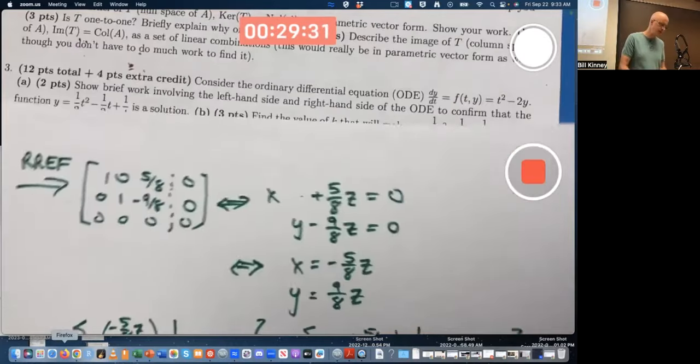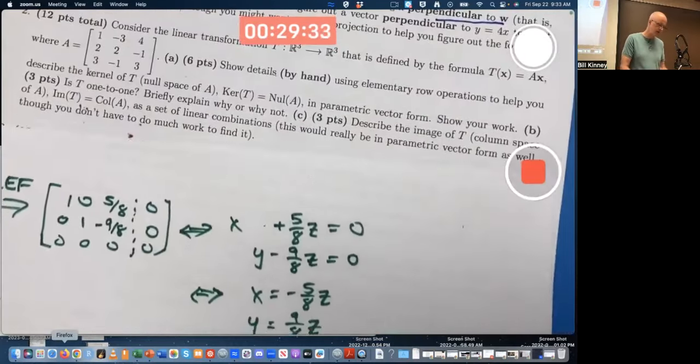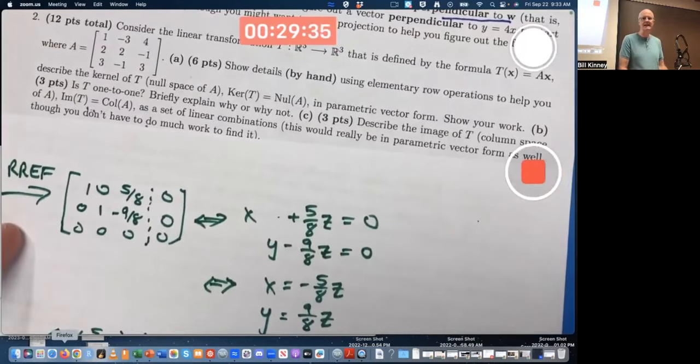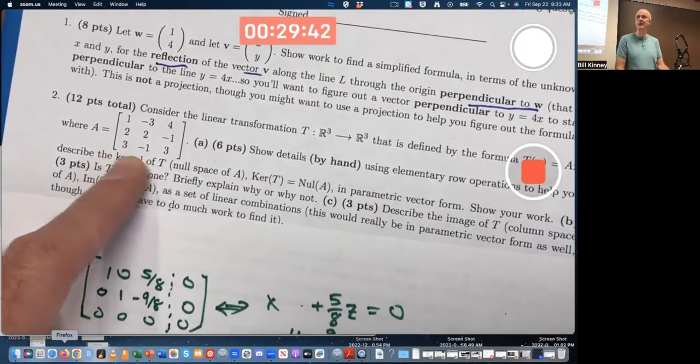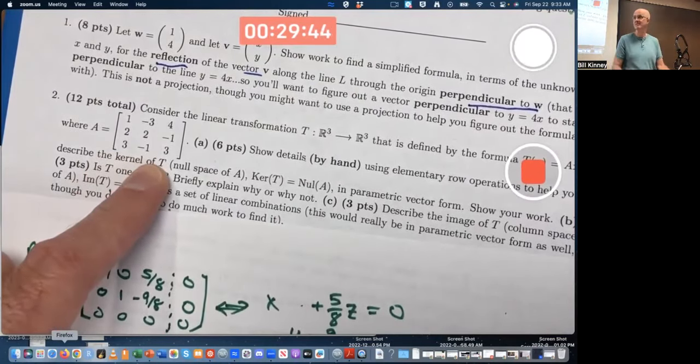What is a parametric vector description of the image of T, also called the column space of A? There's nothing much you need to do there. You just need to say, take the set of all linear combinations of the columns of A. Done.